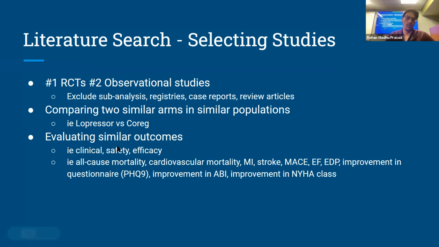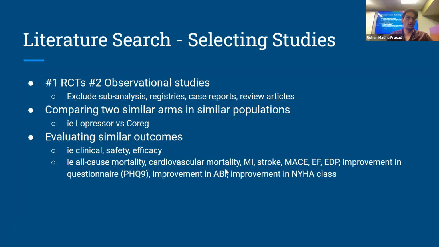So the most common outcomes I do are clinical safety and efficacy. And I listed a couple of them here. They're going to be cardiac related because that's really what I do. So all-cause mortality, cardiovascular mortality, rate of MIs, rate of strokes, rate of major adverse cardiovascular events.